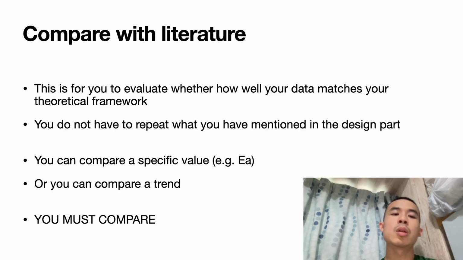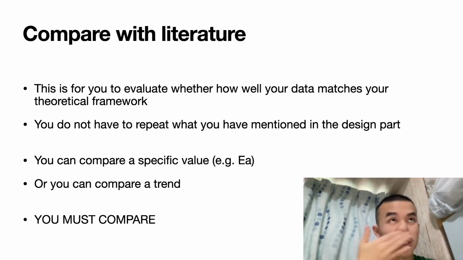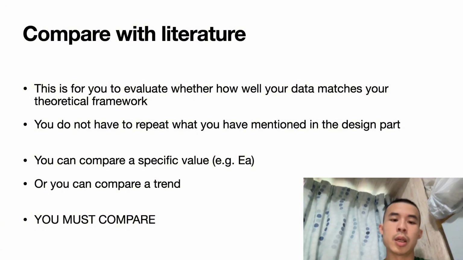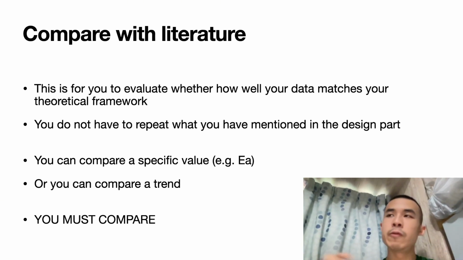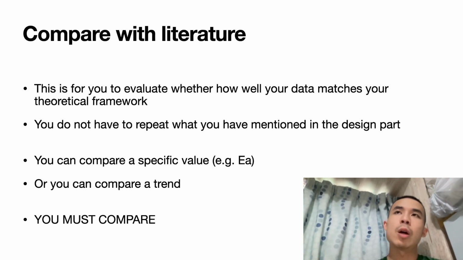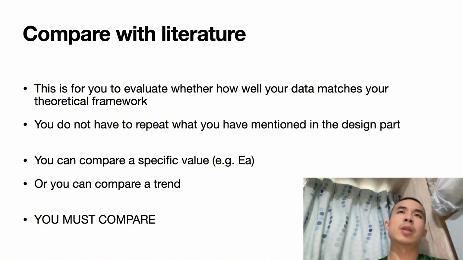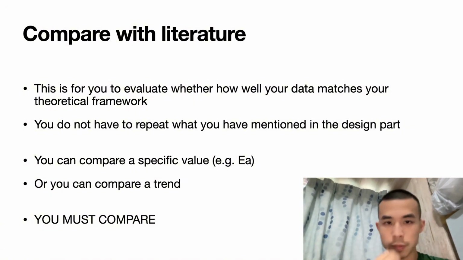Basically, you want to give an account to the marker to let him know that you do consider your own data versus your theoretical framework, how well your experimental data is representing your theoretical framework, so that is a way to answer how reliable your data is.